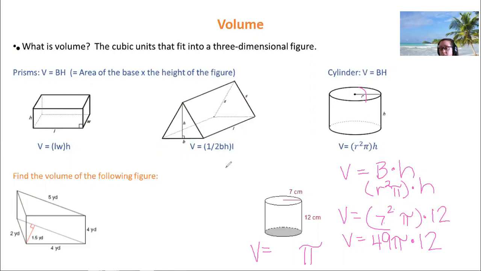That's what I got. Cool. 588 pi. And then if we want to find out the rounded answer, we're going to take 588 and just hit times pi. What do you guys get? What's 588 times pi?